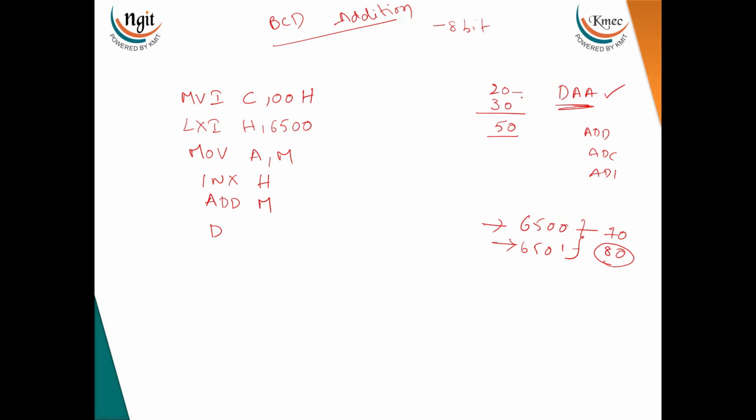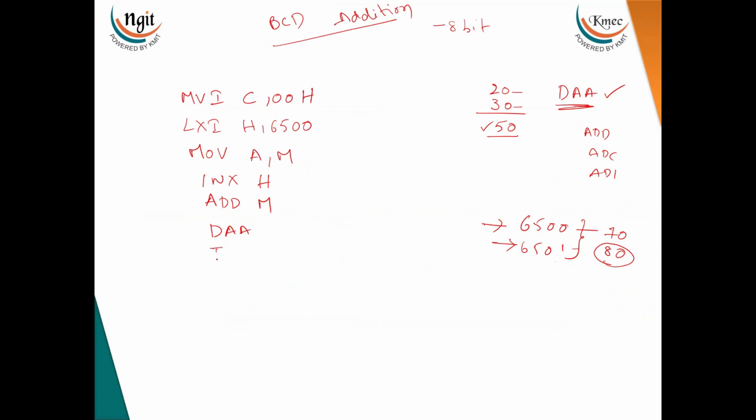If you give these values to the processor, the processor will also give 50. That time DA will not do anything. It will check the result. If values are lesser than 9 and no carry is generated, DA will not add anything. Only if these conditions are raised will it add 6 and convert that value into the decimal number.